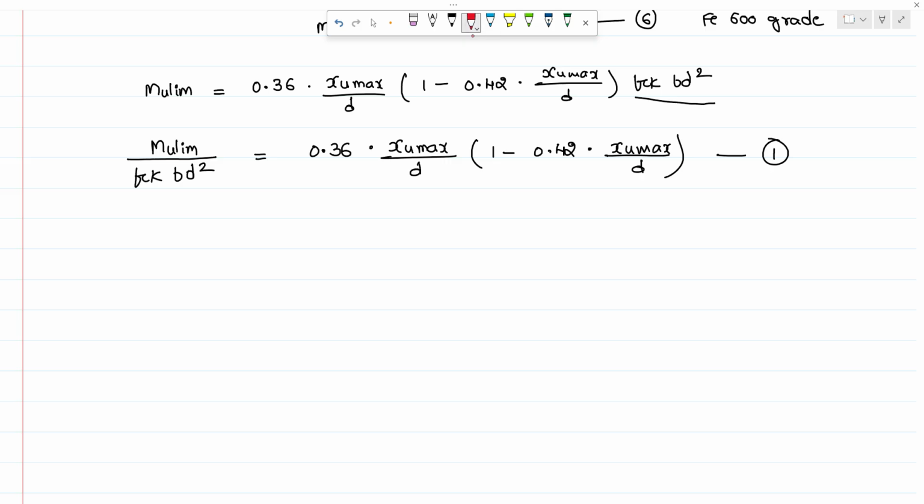So in this equation, for any given section, this will be a constant. We call this constant the limiting moment of resistance index.